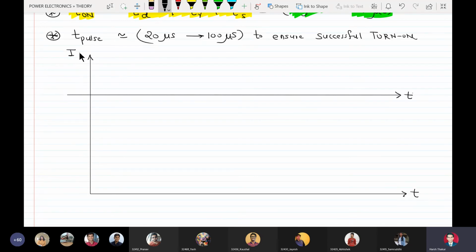This is my gate current IG. Anode current IA.